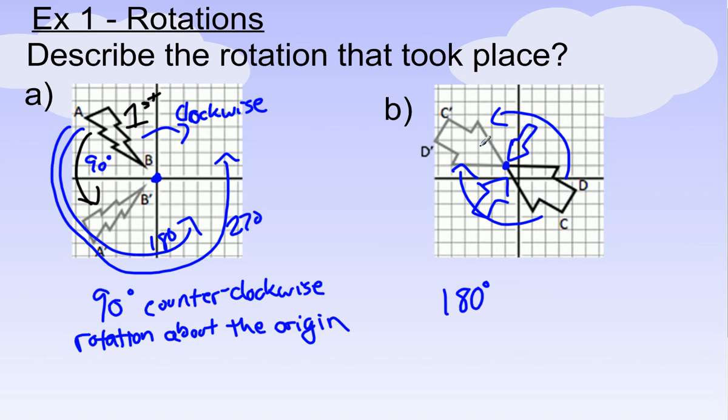Because it's almost like a mirror image, it's a 180 degree rotation about, and I would say it's about that point there. That would be the middle of the rotation, so that would be about the point -1, 1.